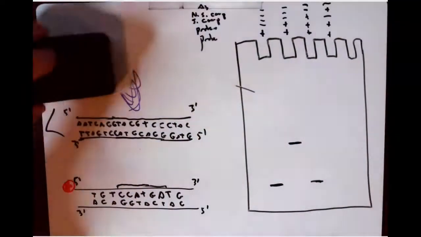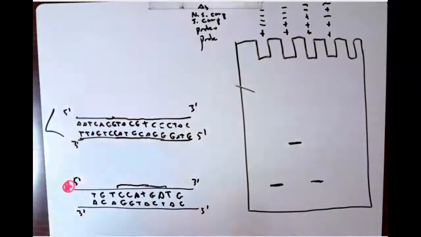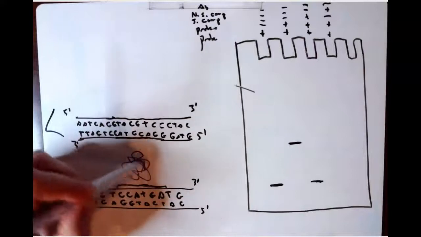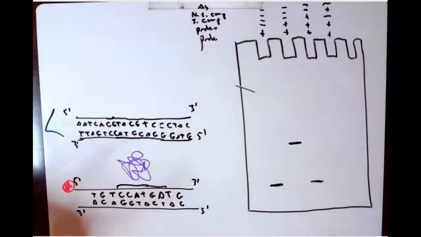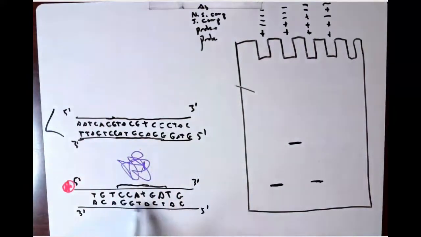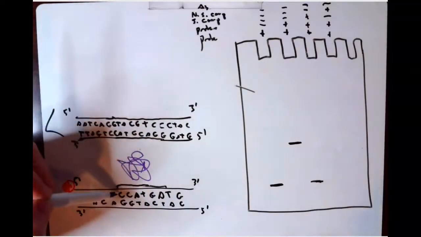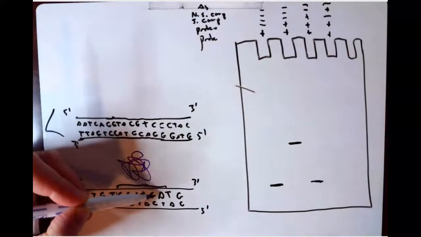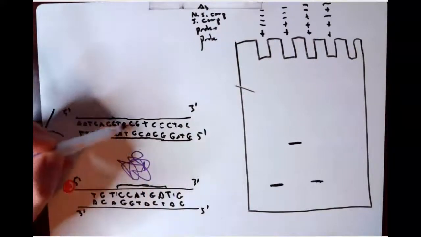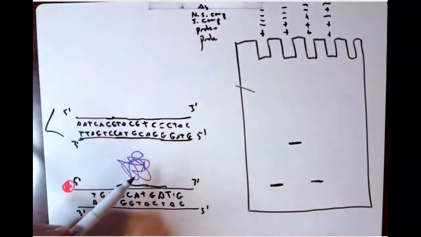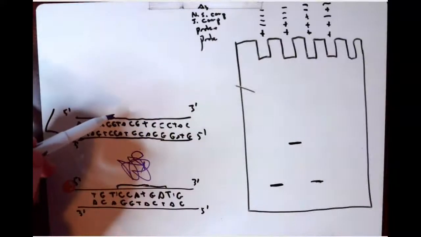However, if our hypothesis is correct, and instead our protein binds to this sequence with specificity, that specificity is going to cause our protein to ignore the cold competitor. Since this sequence, CCATGAT, is not present in the competitor, our protein will be unable to bind to it.